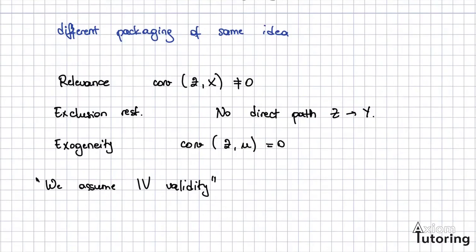Now, why is exclusion difficult? Because we've been roaming around this idea that it can't be directly tested. You have to make a judgment call there and argue very convincingly. We can test relevance through the first stage. The exclusion restriction, usually the answer is no, and this comes from the idea that this asymmetry is fundamental to IV. One condition is verifiable with data, the other must be defended with reasoning.